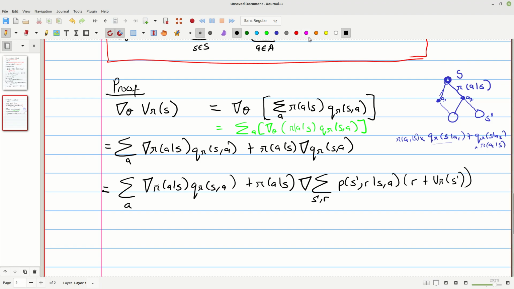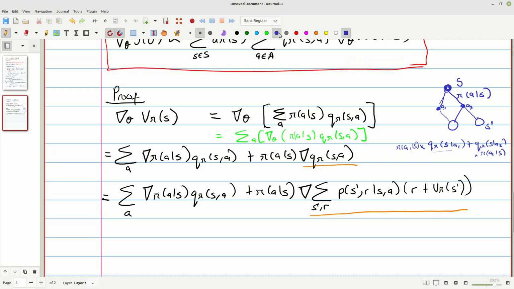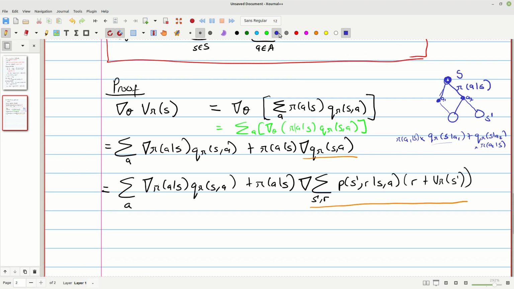So essentially, this is q pi(s, a). So we're saying these two are the same. And why are we saying they're the same? Well, it's again the same thing we've discussed before.